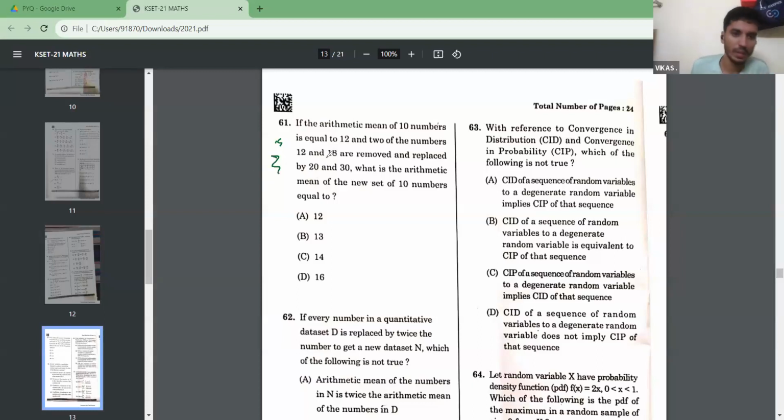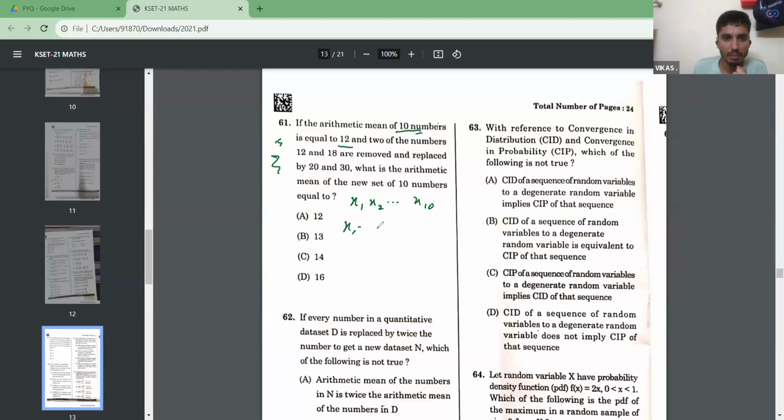So if the arithmetic mean of 10 numbers is equal to 12, and two of the numbers, 12 and 18, are removed and replaced by 20 and 30, what is the arithmetic mean of the new set of 10 numbers? For example, we have x1, x2, ..., x10. These are 10 numbers, and their arithmetic mean is given to be 12.